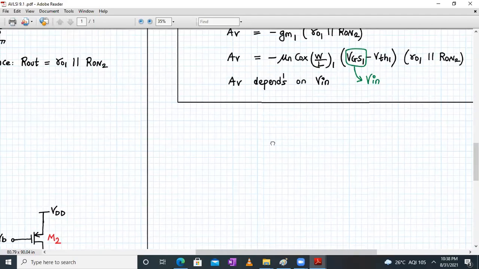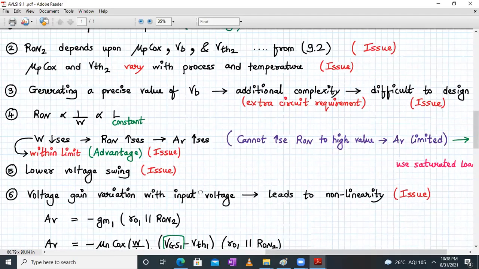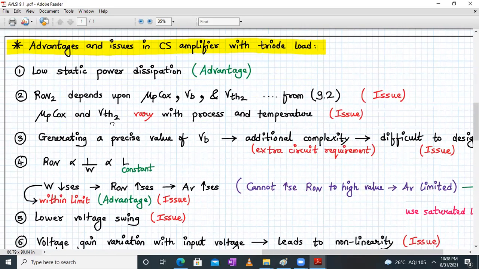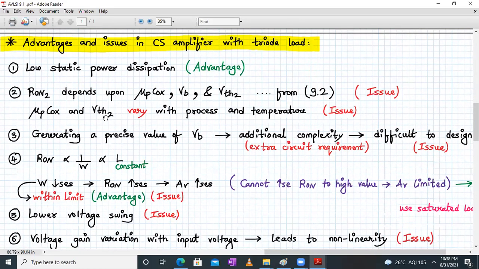So all these values, that is mu P Cox, VTH2, vary with the process fabrication parameters and the temperature. And if they vary, the R on 2 value will also vary, and that will affect the performance of the chip or the device.